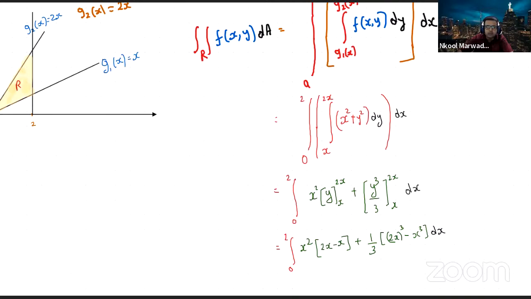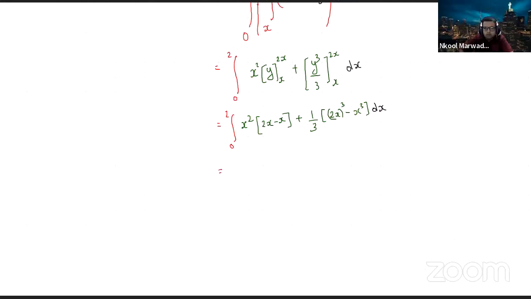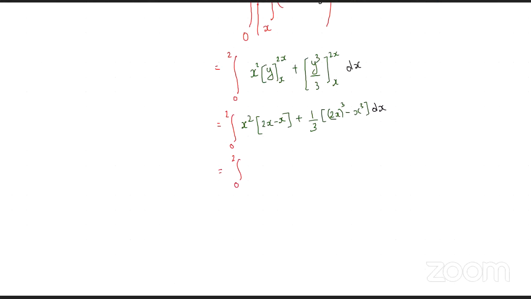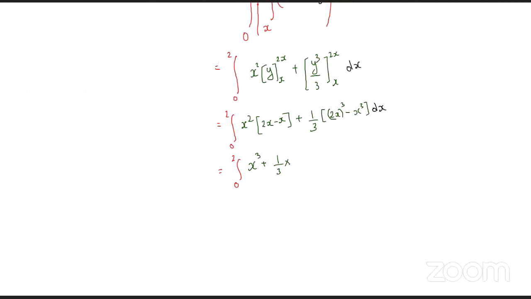We can further simplify this: integral 0 to 2, x square into x is x cube, plus 1 by 3 into 8x cube minus x cube, which is 7x cube, dx.